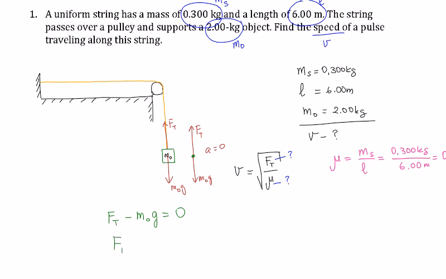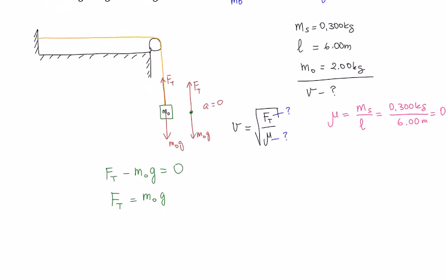From here I can find force of tension equals mass of the object times g. And next, we want to plug in the numbers. That is 2.00 kilograms times 9.8 meters per second squared, and that equals 19.6 newtons.